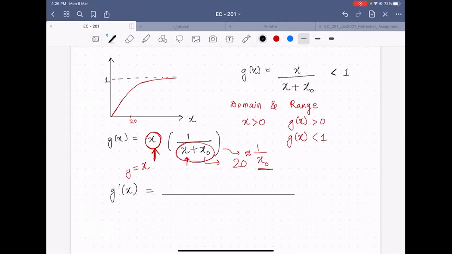So the denominator squared, and then the denominator into the derivative of the first. The derivative of x is 1. Minus the numerator into the derivative of the denominator, which is 1 again. So this gets cancelled. It gives me x naught by x plus x naught squared.